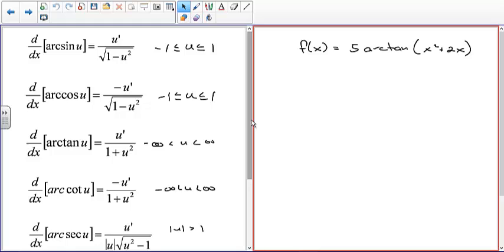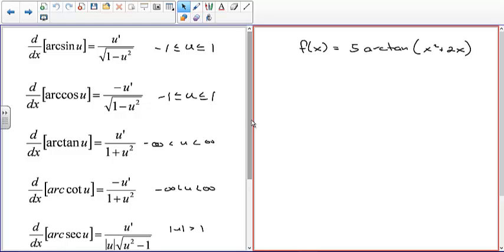That's the range of the sine. Therefore, the domain of the arc sine is from -1 to +1. Same for the cosine. The tangent has a range from -infinity to +infinity. Therefore, the domain of the arctangent is also the same.